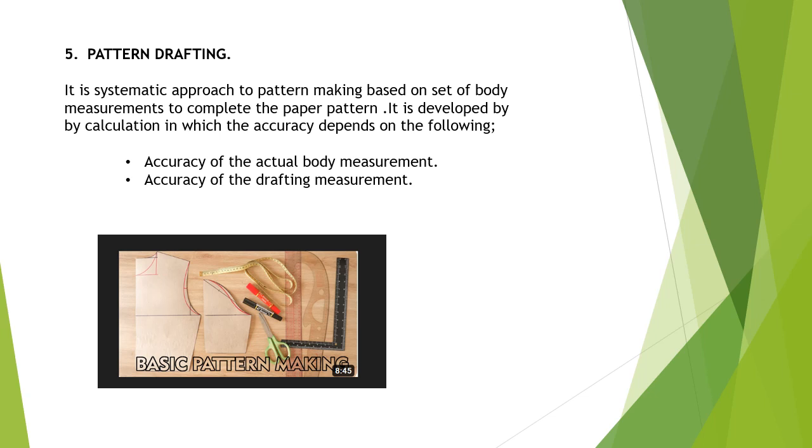What do you mean by this? They're supposed to be accurate when you're taking the body measurement of your customer. The second one is the accuracy of drafting measurement. The measurements that you got from your customer after measuring your customer are supposed to match with the ones that you're going to use on the draft papers to get the patterns which you're going to use for drafting of your design.